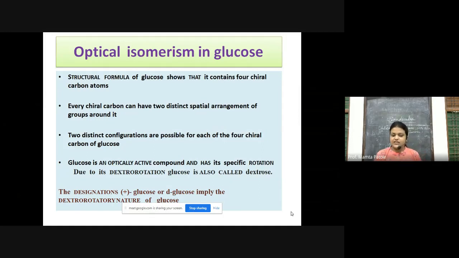Due to its dextrorotation, glucose is also called dextrose because it rotates the plane polarized light to the right-hand side, and it is designated by plus glucose or a small d. Here you have to pay attention. When we deal with rotation, dextro or levo, we write a small d for dextro and a small l for levo rotation.